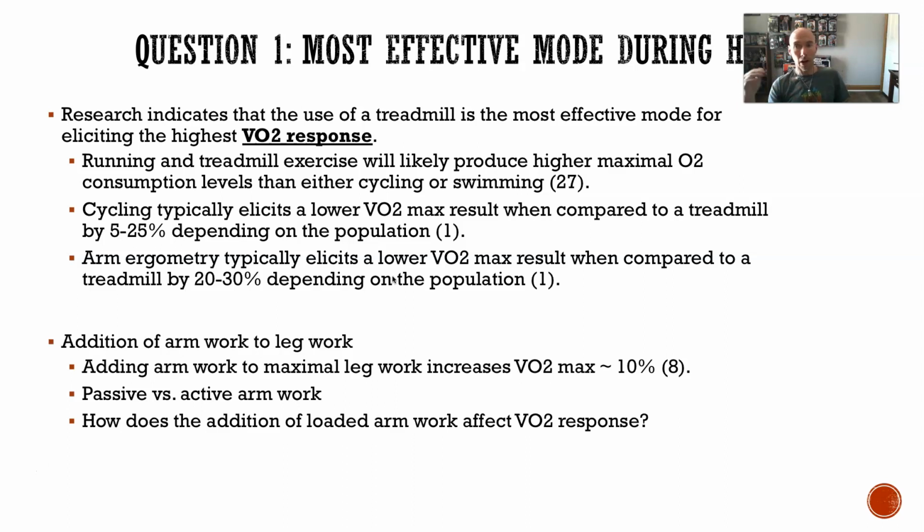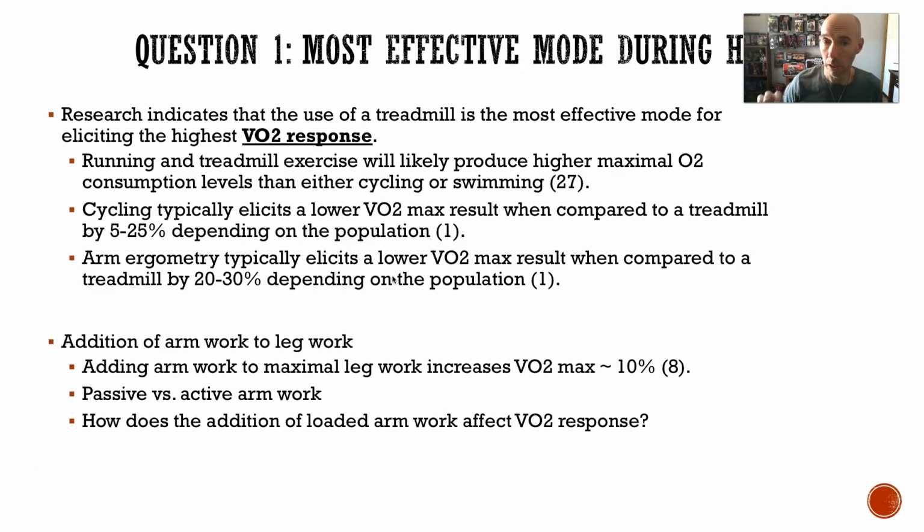Cycling and swimming are non-weight-bearing activities. When you're doing weight-bearing activity, there's going to be a greater amount of energy required and used by your body. Specifically, cycling was found to produce about a 5 to 25% lower VO2 max value compared to treadmill exercise, depending upon the population. And again, it goes back to the weight-bearing activity.